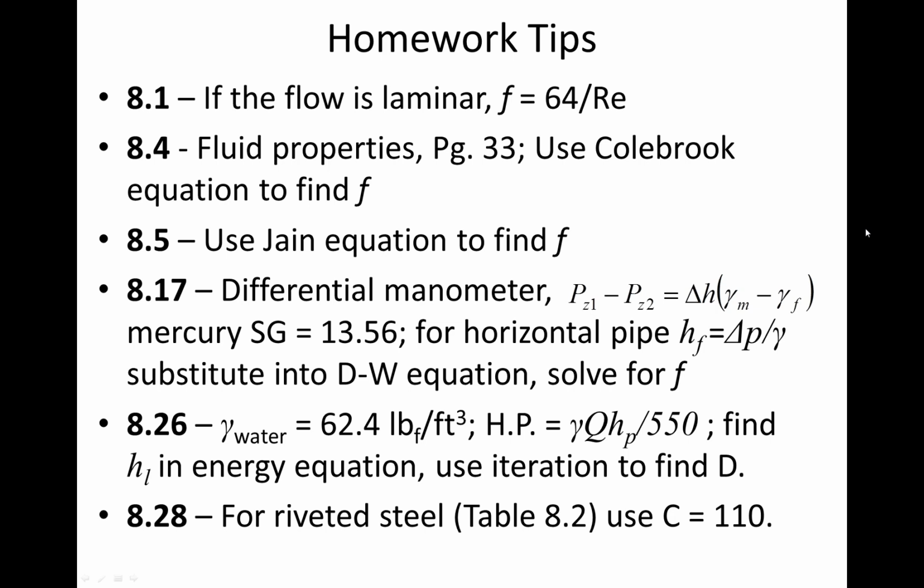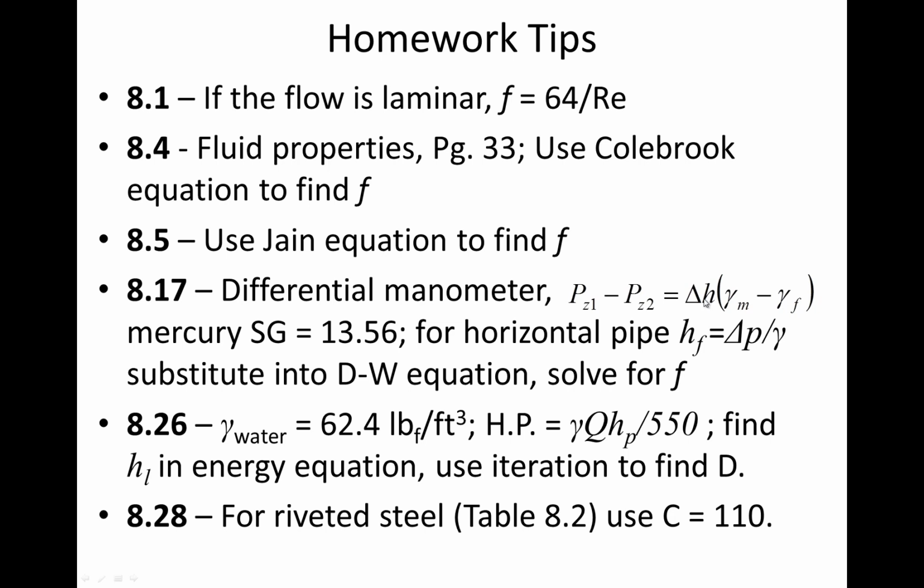So you need to take into account the difference in the unit weights between the two fluids. The manometer fluid, which in this case is mercury, having a specific gravity of 13.56, allows you to calculate the unit weight of mercury, because you remember that specific gravity is the ratio of that fluid's unit weight relative to the unit weight of water. And then also the fluid that's flowing through the pipe, in this case, is water.